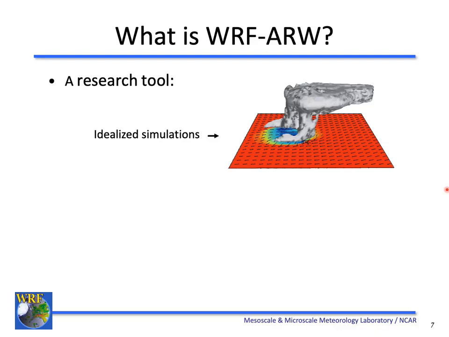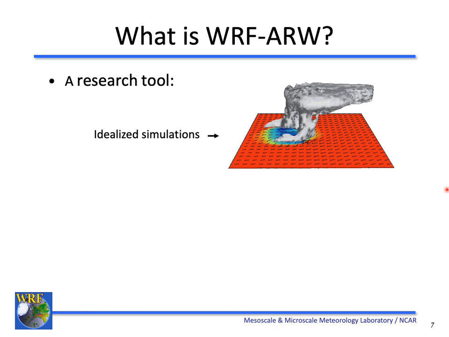WRF is not designed for a single purpose. Its design embraces generality, flexibility, and ease of use, and is adaptable for other extensions. That is one of the reasons WRF is used in many disciplines, sometimes beyond atmospheric sciences. But first of all, WRF is a research tool.